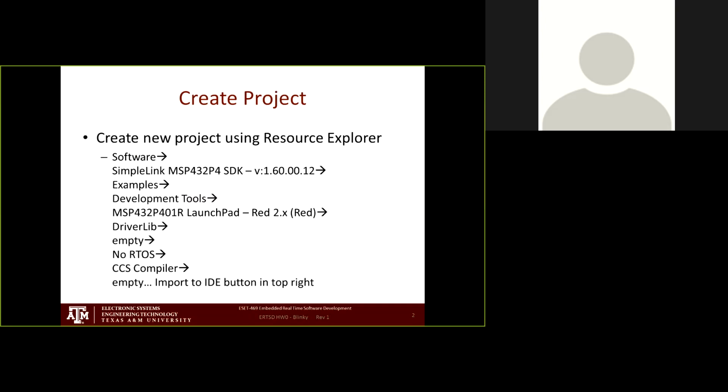Okay, so creating the project takes a little bit of navigation through the Code Composer Studio Resource Explorer to get where you're going. They don't believe in short names or short directory trees, but it is very important to hit the IDE button to load it into your IDE.